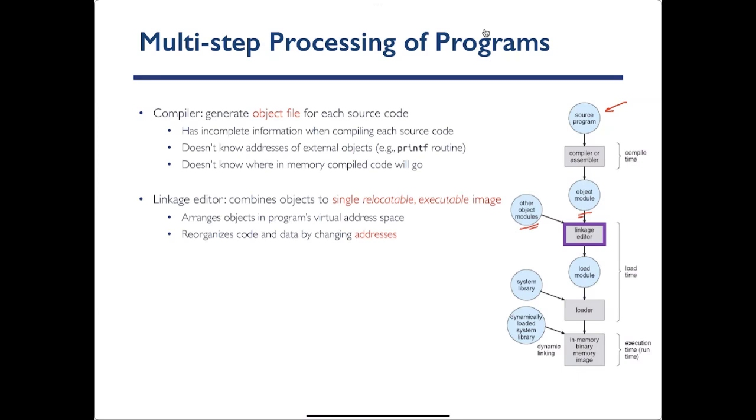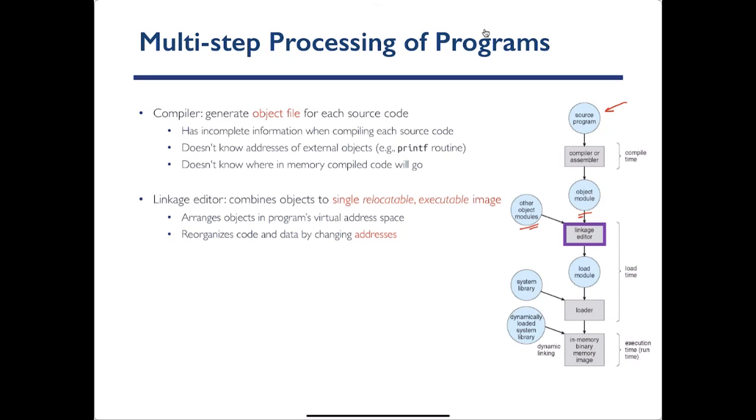Because when the compiler compiled a single source code, it only arranged the code and the data in that source code. Now, if you're merging a bunch of object files, each one of them has its own code, each one of them has its own data, and so on and so forth, then you probably want to put all the code in one place, all the data in one place. So there might be some rearrangement across different objects.